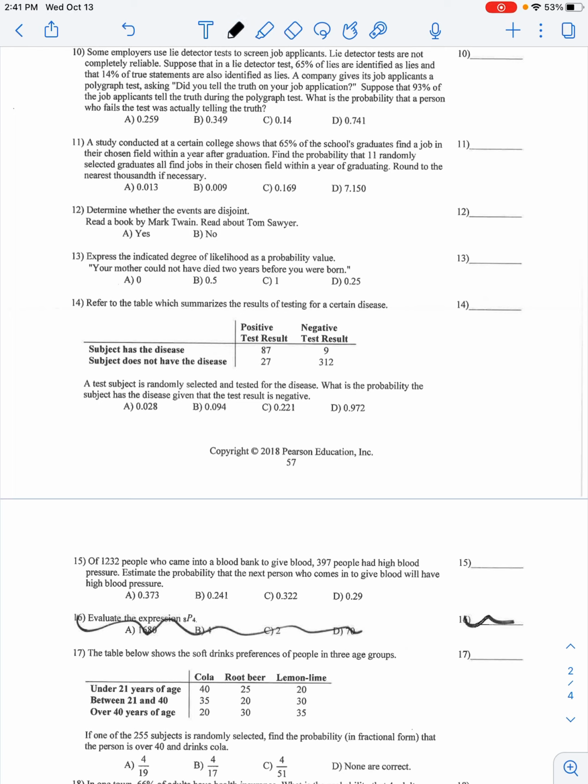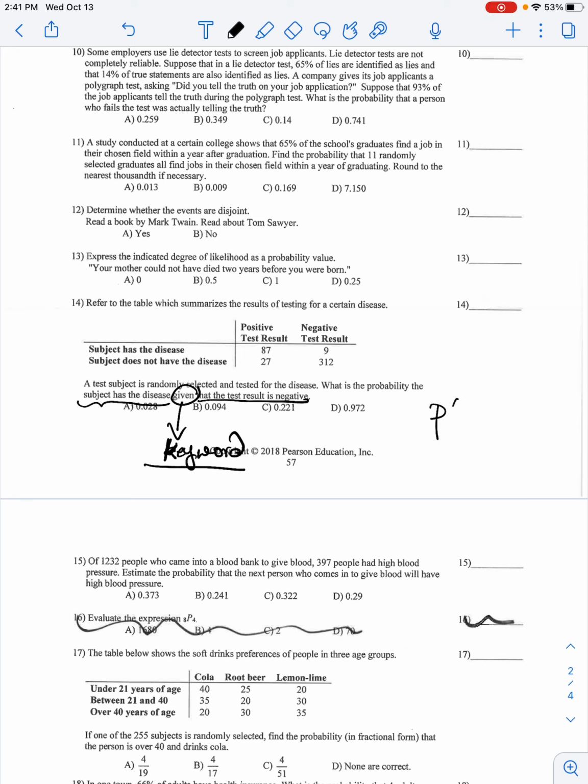The key word here is given. So every time you see given, just remember that this is a keyword. I'm going to tell you how. It's a keyword in a matter that whatever comes next is the population you are looking at. What is the probability subject has the disease?